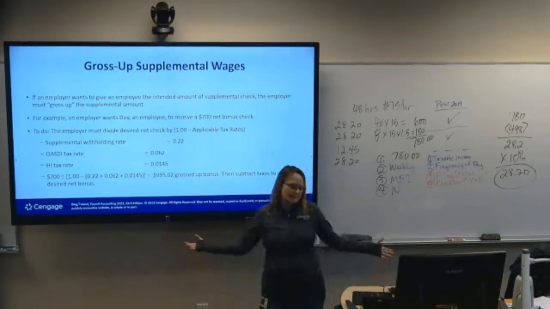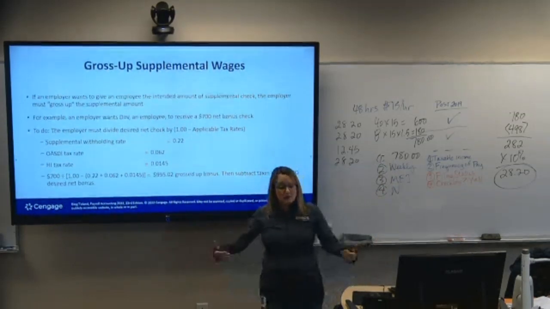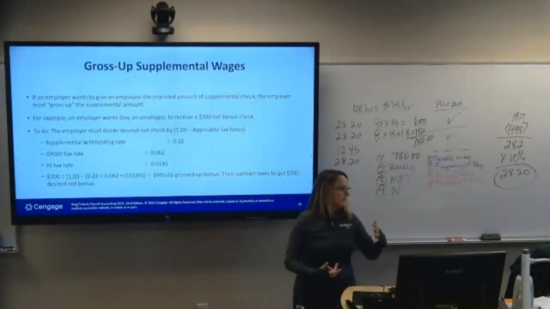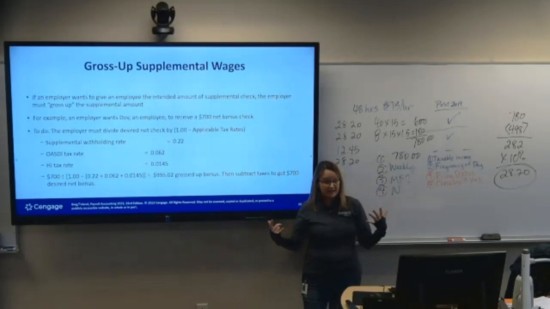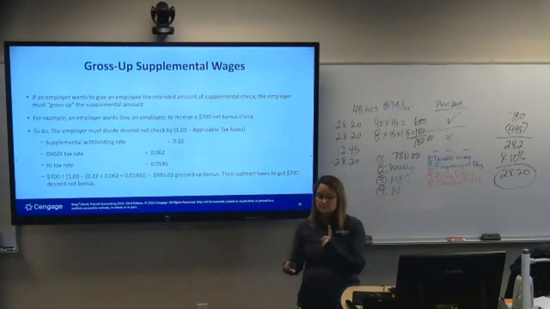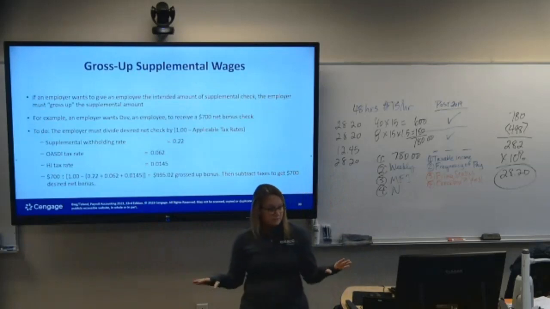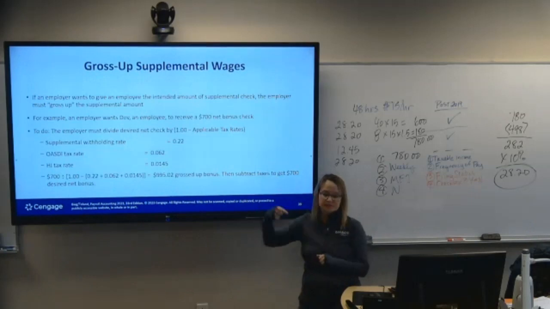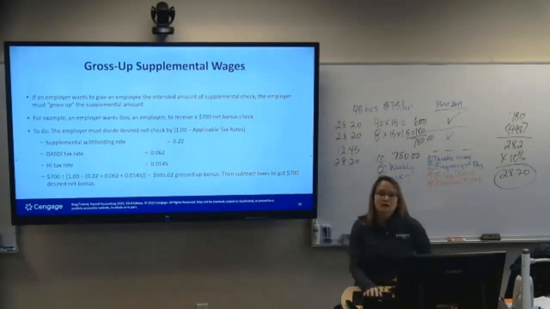So I'm giving a bonus of $1,000. I want my employee to actually have $1,000. I know that taxable income is going to have to be higher than that, because I've got to take into account federal income taxes, state income taxes, Social Security, Medicare taxes, all that stuff. What is the taxable amount? So you're going kind of the opposite direction.